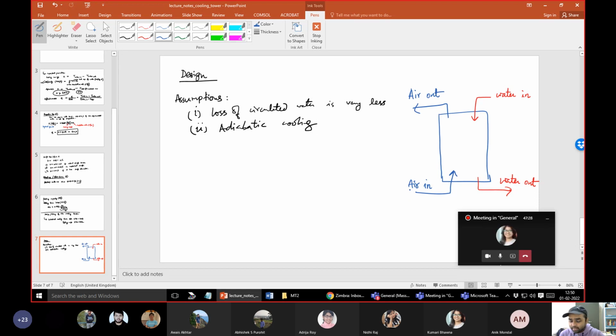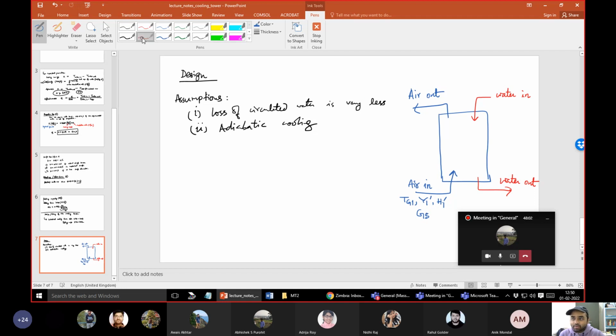Let us designate the air inlet conditions as Tg1. You know what Tg is, that is the gas temperature at the inlet. Then let us say the humidity is Y1, and the enthalpy is H1. I am putting a prime because these are all in mass units. And the air velocity, let us call this GS.